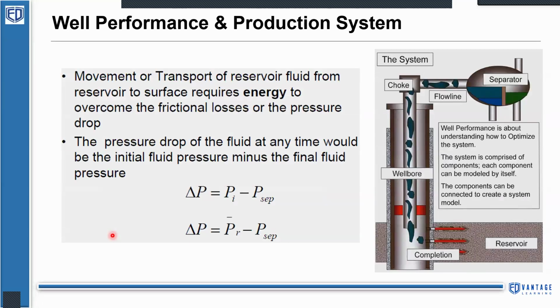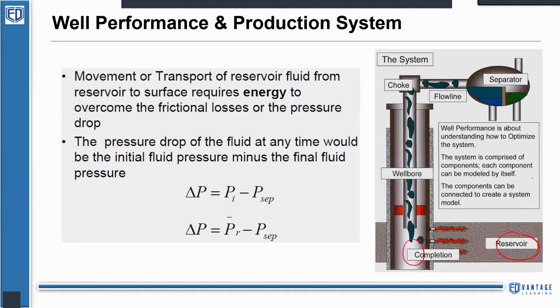Transport of reservoir fluid from the reservoir to the surface requires energy, which is generally given by the reservoir pressure if it is a natural energy mechanism, or by artificial lift. The reservoir generally delivers the fluid from the reservoir to the bottom hole with its natural energy.